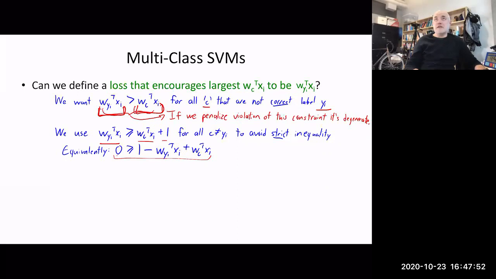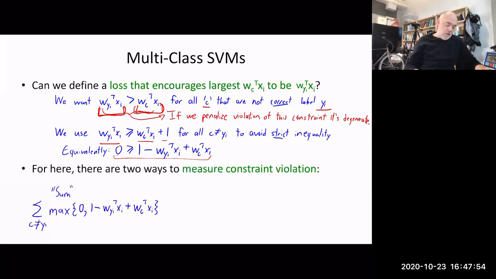Now we have to think about this just a little bit. So what do we really want? We really want a statement like this, and this is now the multi-class SVM loss, okay? What we really want is, for instance, a sum loss, okay? So we're saying that for any particular data set, we're going to eventually sum this over i for all the data, right?